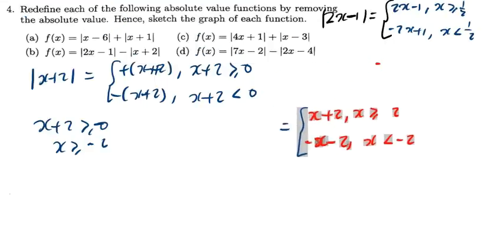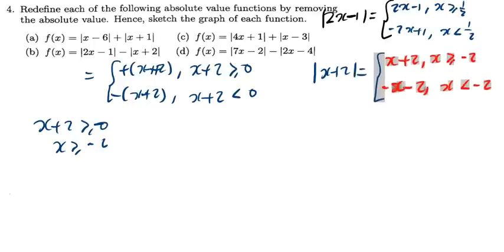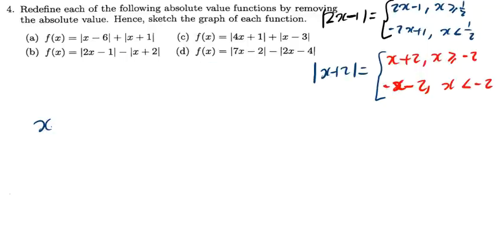Let me put it here. Okay, let me just put this part there, then this part here. Okay, now there is minus there, so we still use the table to find the values. Let's see.